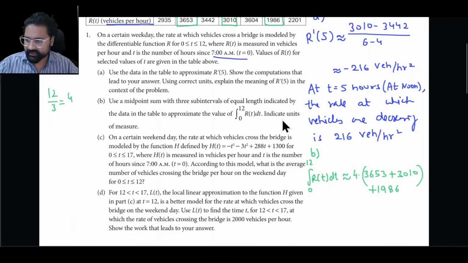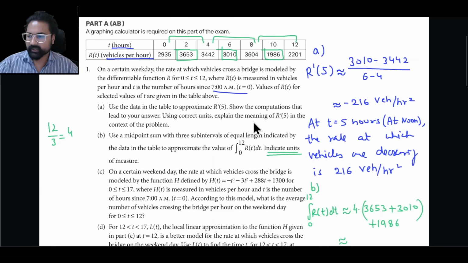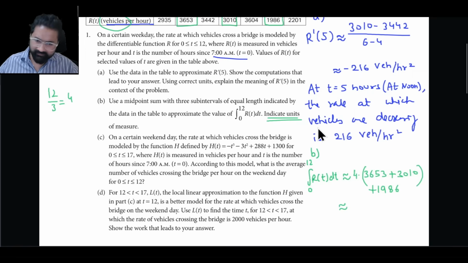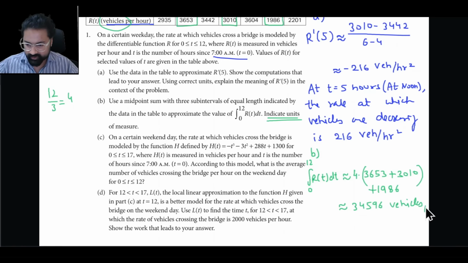Once again, the units are very important here because you are integrating R. Since you're integrating R, you are going to get the unit of vehicles only. So you will get these many vehicles. If I calculate this, it comes out as 596 vehicles. That is going to be your approximation using the midpoint Riemann sum.